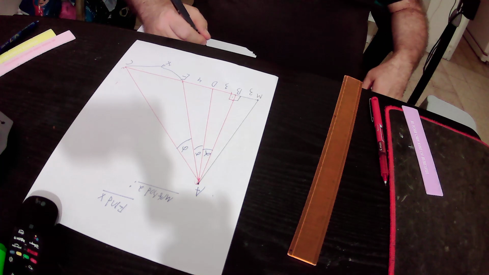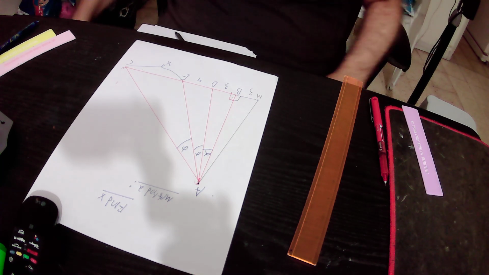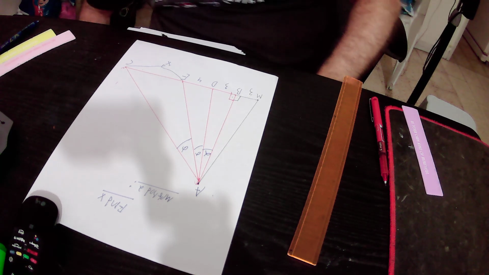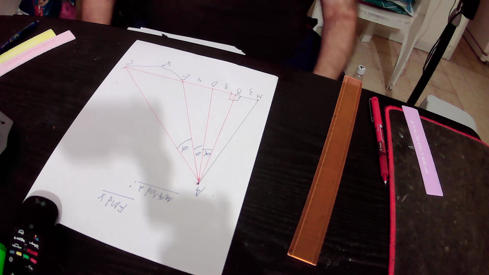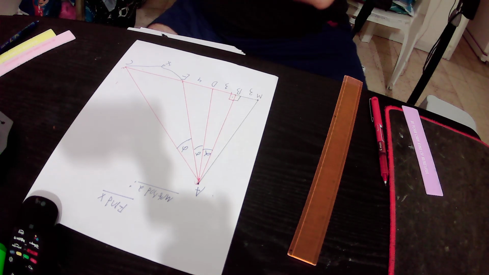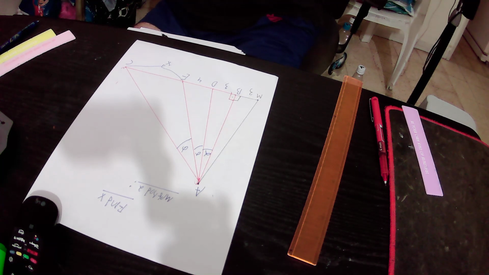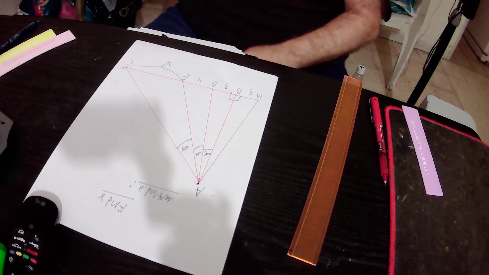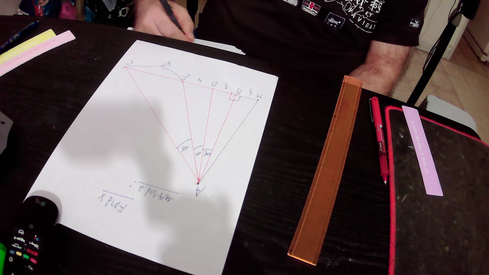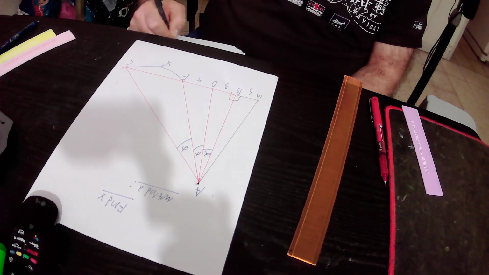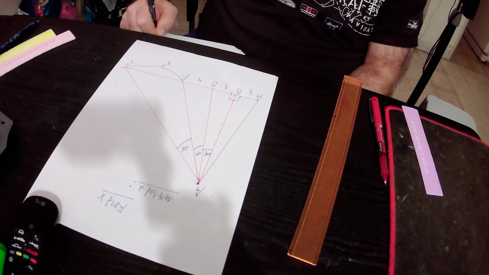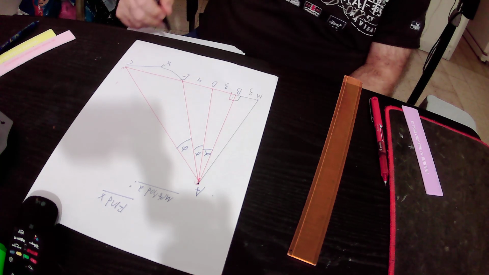Again, angle MAB equals angle BAD, that equals alpha.